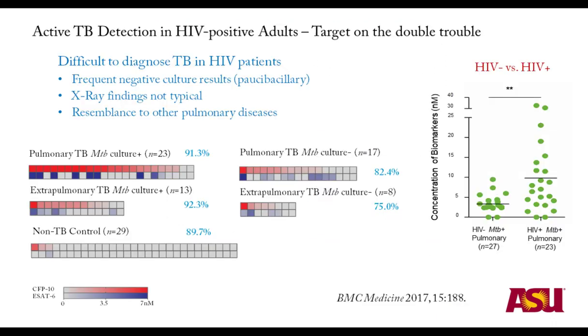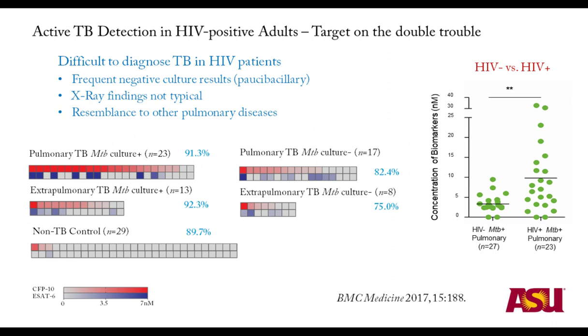So the next battle is against HIV and TB co-infection, because in the field we call this cohort the double trouble. We got some patients with co-infection with both pulmonary TB and extrapulmonary TB, and we reached a decent sensitivity compared to the traditional method, and for the non-TB controls, the specificity is 89%.